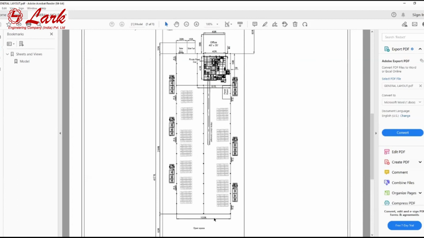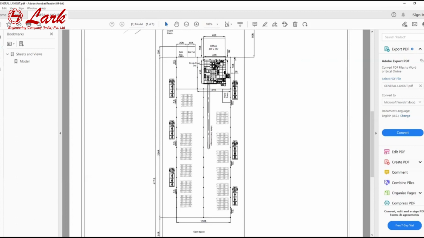For example, the width is 100 feet and the length is around 296. So we multiply 100 by 296, which is around 29,600 square feet of warehouse. If we simply divide this by 6, that comes around 4,900.